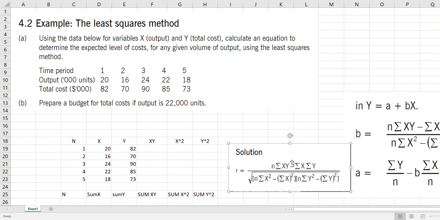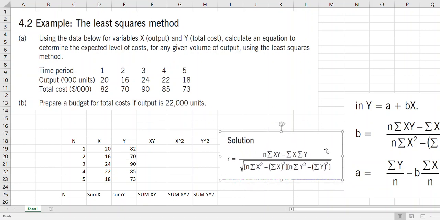So let me explain the formula. You don't have to memorize it. You just have to know how to put the figures in the formula. That's it. So we have n number of data. This sign represents sum, and then x is units, the independent variable, and y is the dependent variable.